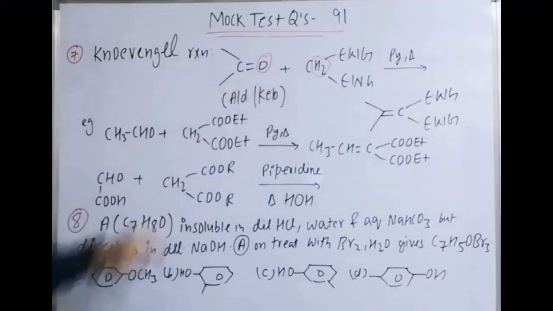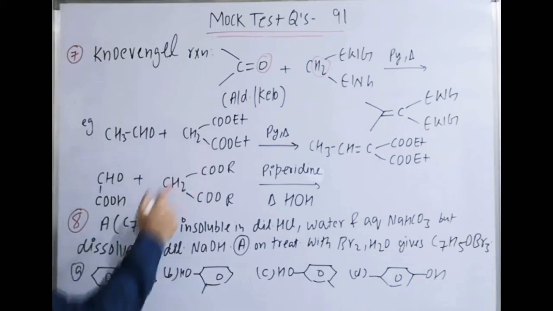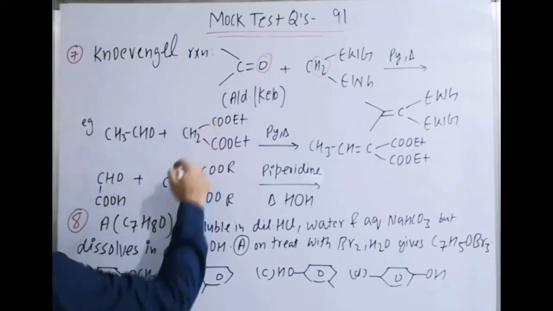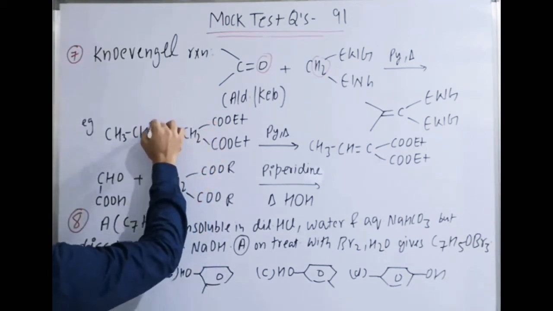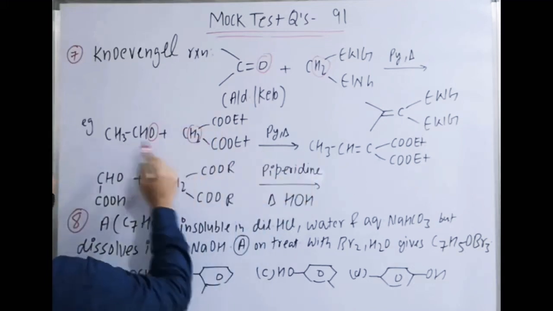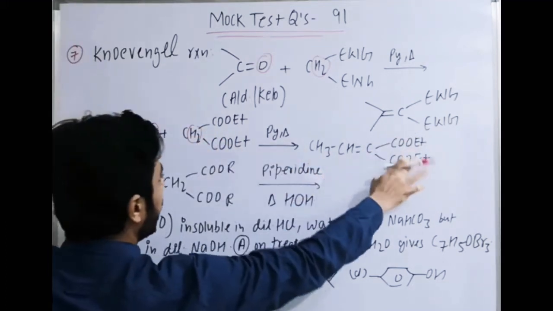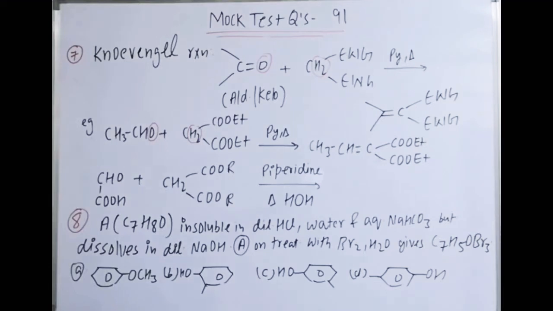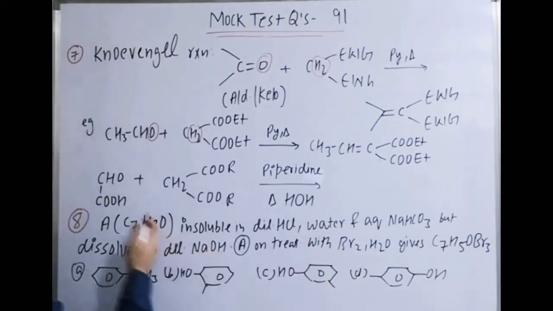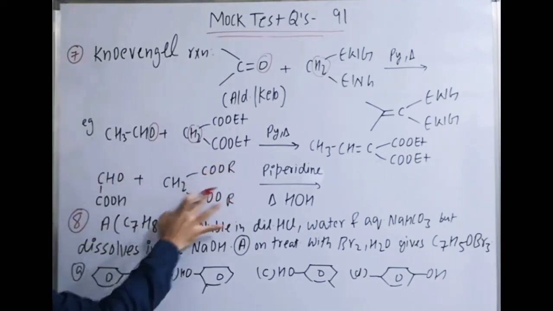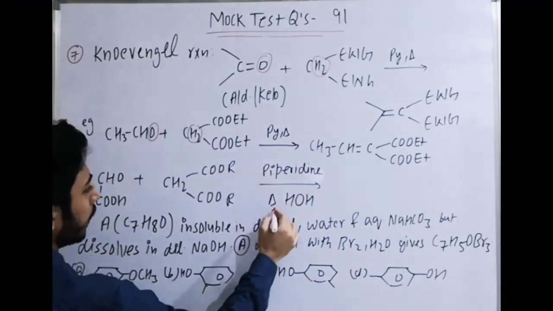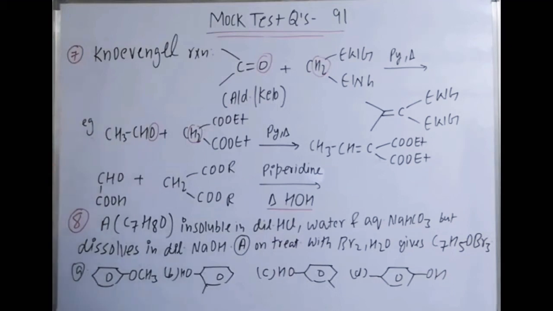Okay, now using that concept, if I give you a simple example, acetaldehyde with this compound, then you will do what? You will simply remove H2O and you will write the product CH3CH=C(COOEt)2. Now on the basis of this reaction, the question asked in the NTA paper is that this aldehyde with active methylene, piperidine mentioned, then further they have given heating with water.